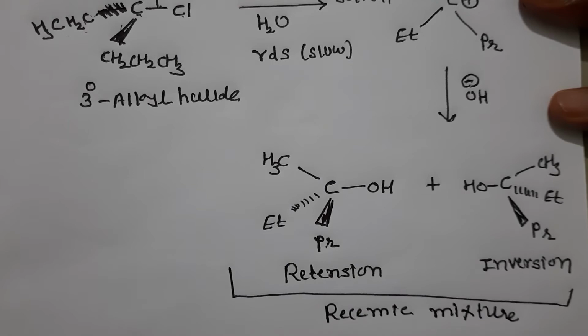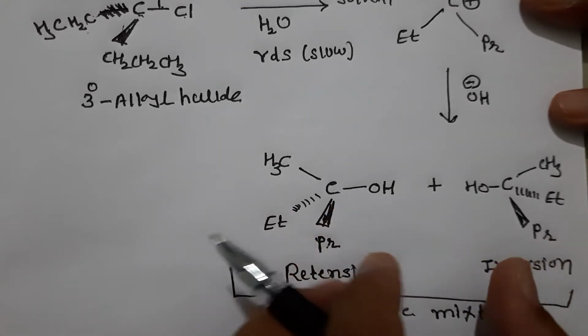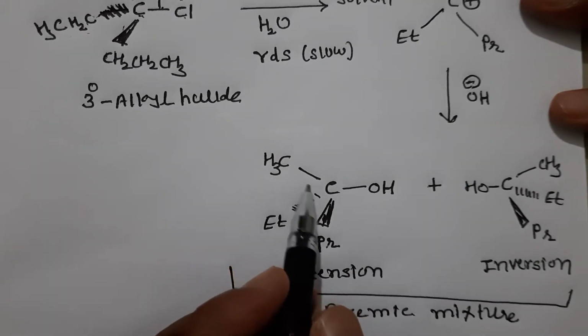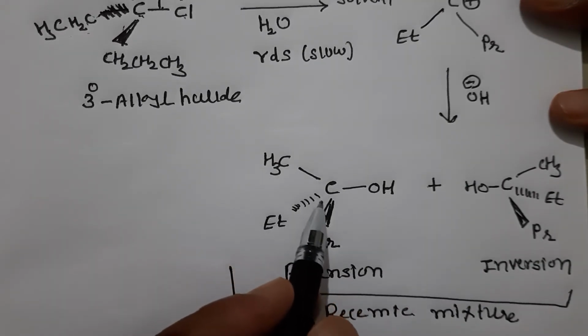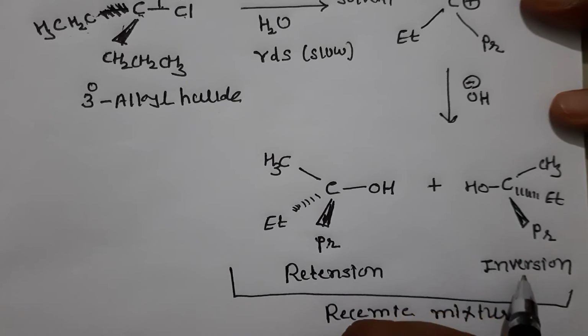This racemic mixture is optically inactive because if one rotates plane polarized light to the right hand side, then the other rotates plane polarized light to the left hand side.